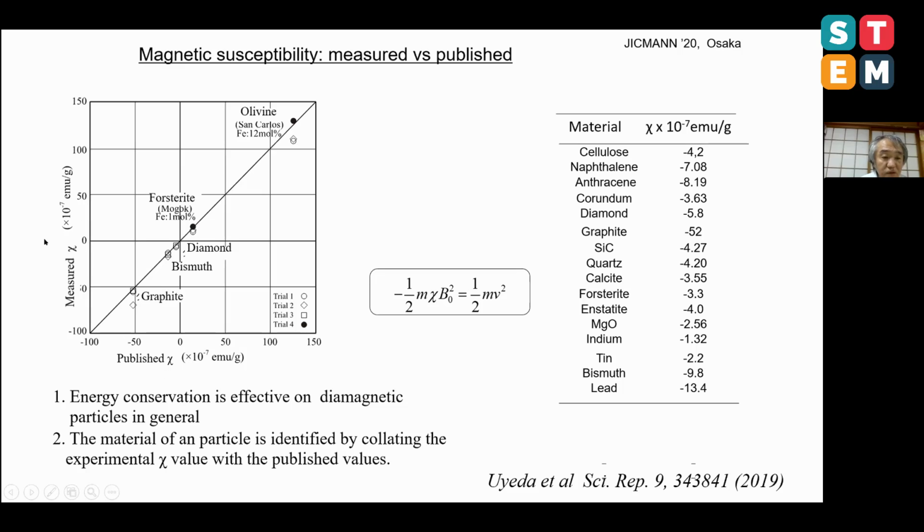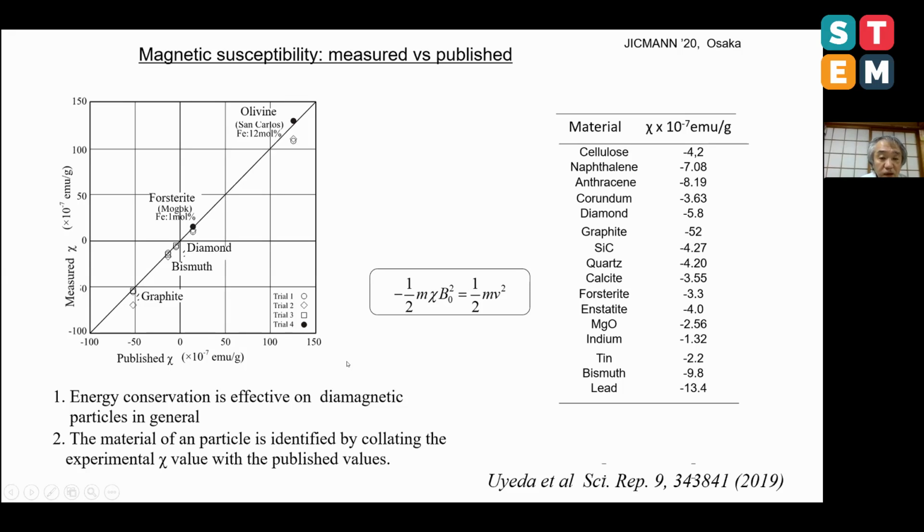So from this graph, we can see that the energy conservation rule, as we assumed here, is effective on all materials in general. And another thing is that we have a list of published values for all materials.